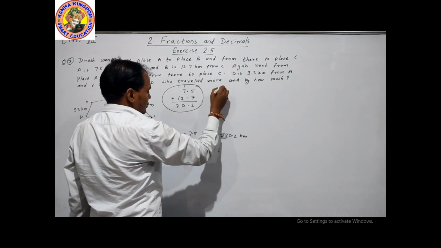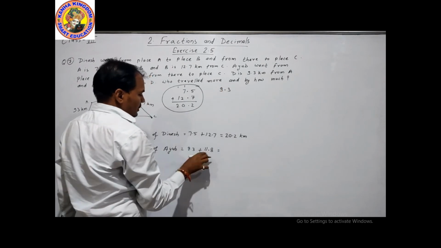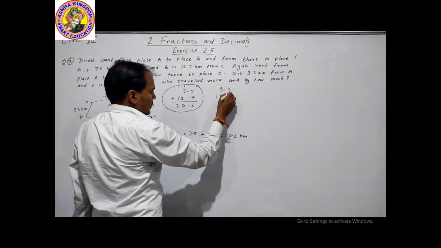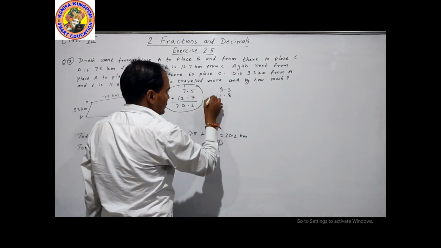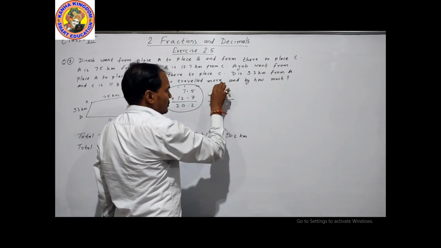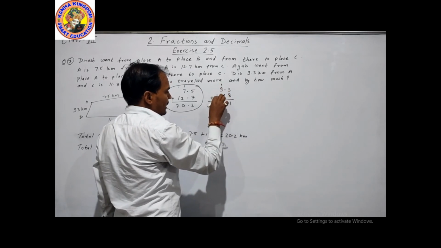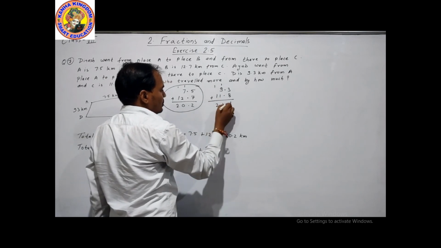Now 9.3, then 11.8, decimal points in the same position, then addition: 3, 8, 11, 1, 9, 10, 10 plus 1, 11, 1, 1, 2.